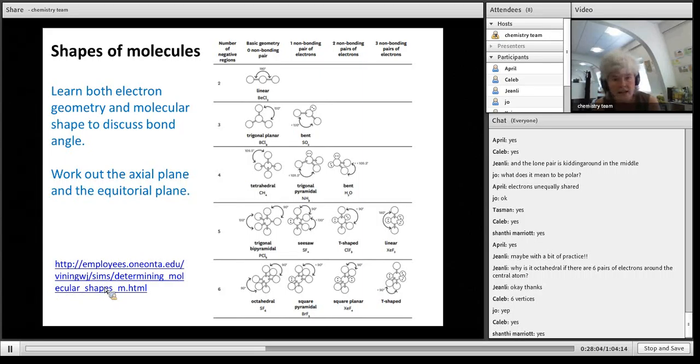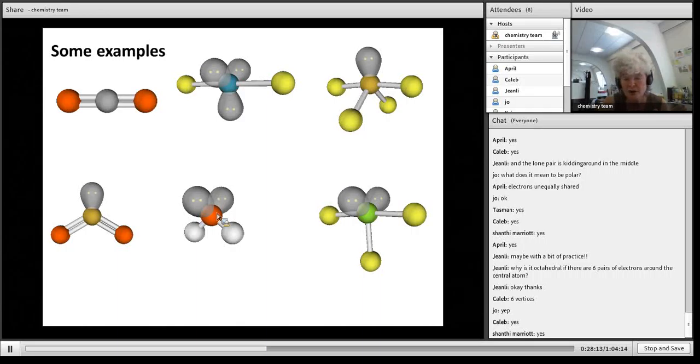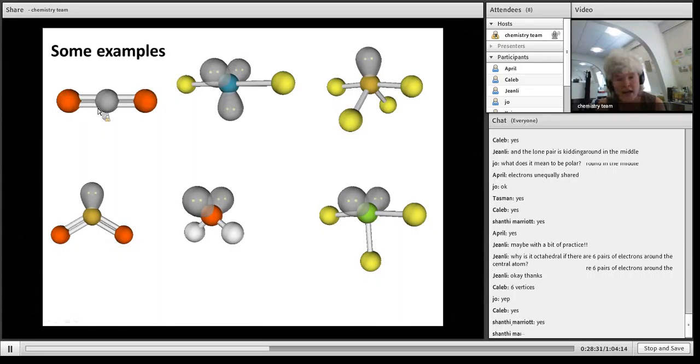Okay, now what I've got here is just quickly some examples. Now, if you've got the booklet CH3042 in front of you, you can turn to the page of shapes, otherwise we'll just see how much you remember. So remember, if we're looking at shapes, you first look at the areas of negative charge. So this one, which is like carbon dioxide, how many areas of negative charge?